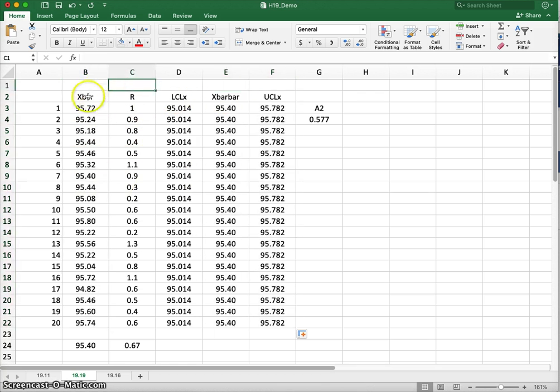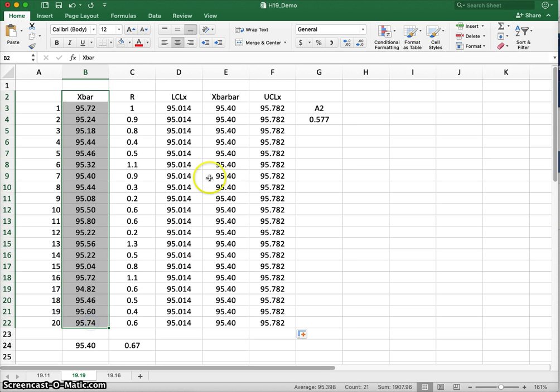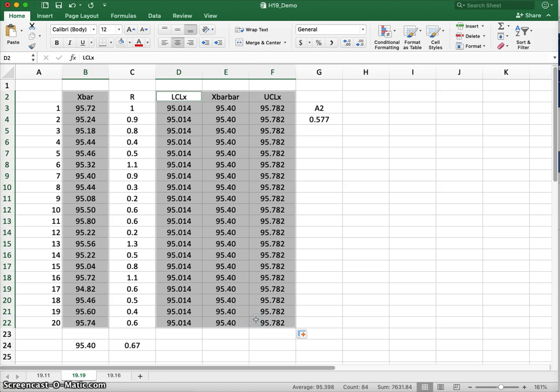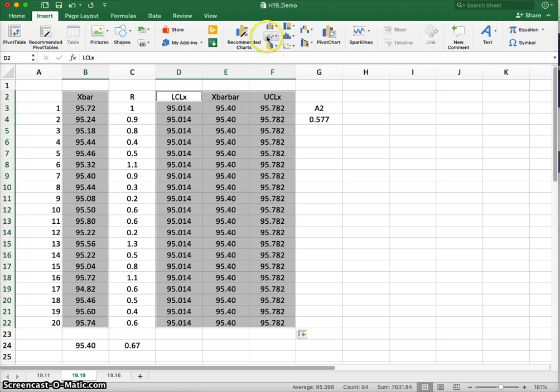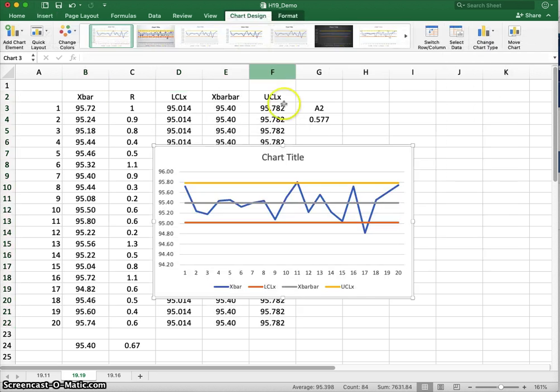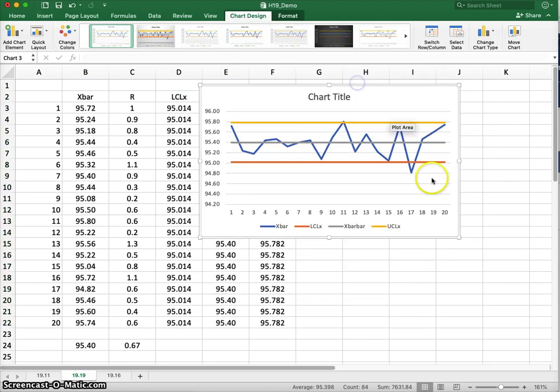I missed one. So I'm going to highlight this, and I want to highlight all three of these. Okay, and then I'm going to insert a line chart like so, and then this is my control chart.